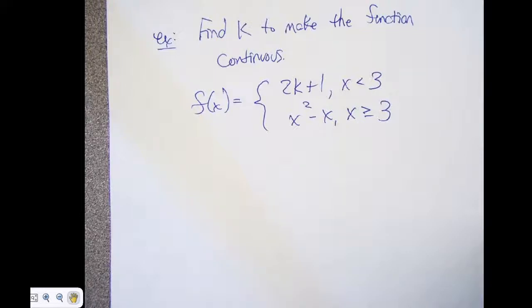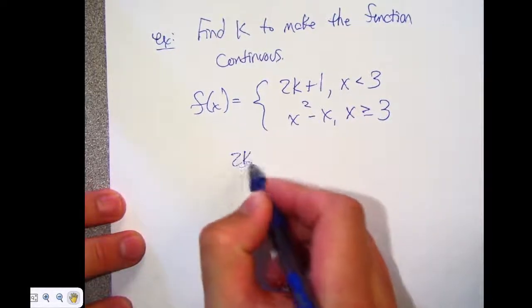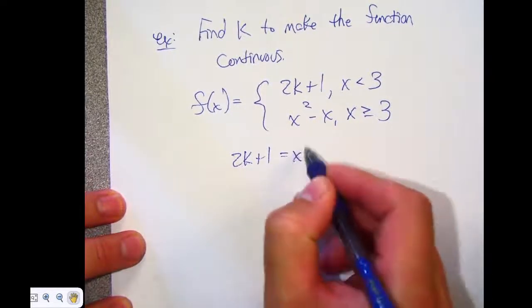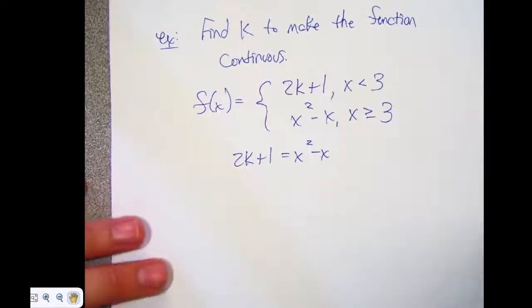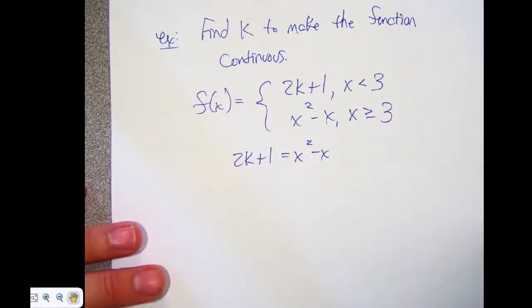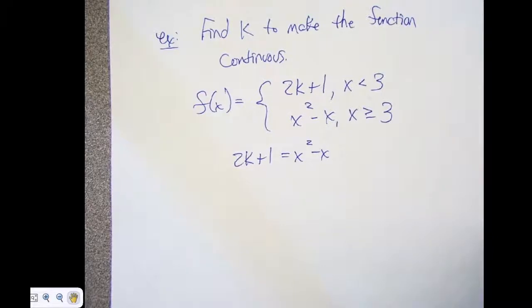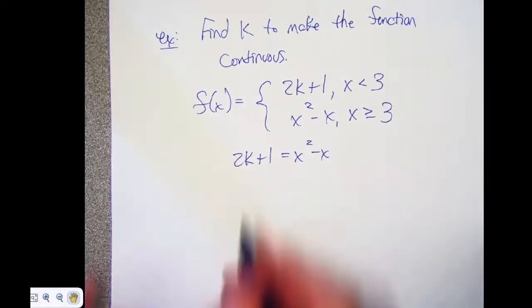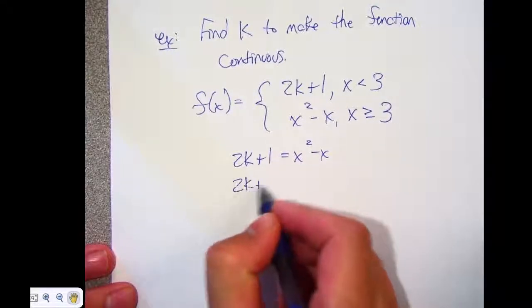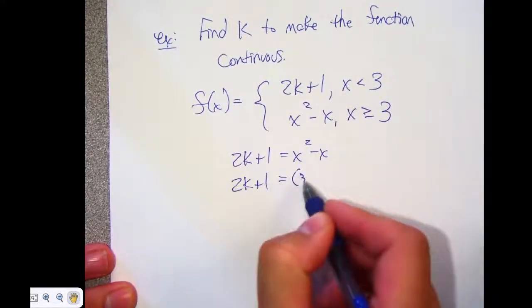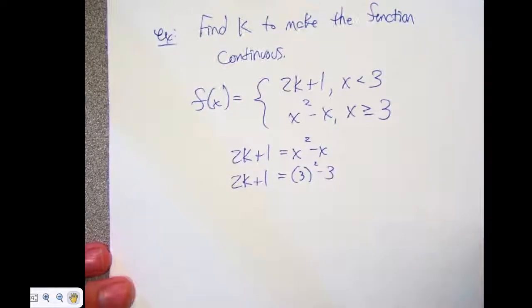So if I'm going to force it to be continuous, I'm going to say, okay, that means 2k plus 1 has to equal x squared minus x. And they have to be equal at what specific x value? 3. So 2k plus 1 equals 3 squared minus 3.